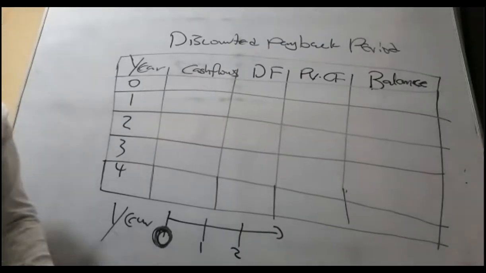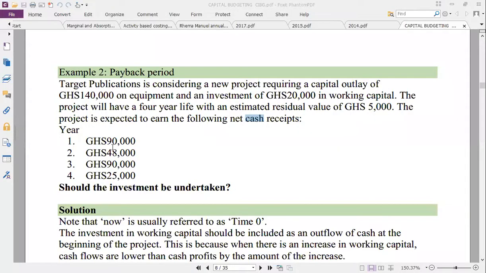Go. So let's go to the question and pick the initial working capital and the cost of investment. So a new project requiring a capital outlay of what? 140,000 on equipment and an initial investment of 20,000 in working capital. So therefore, the value of the total capital will be 160,000 at the initial date.